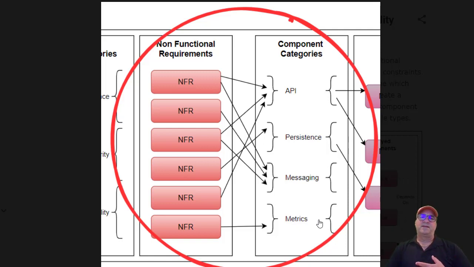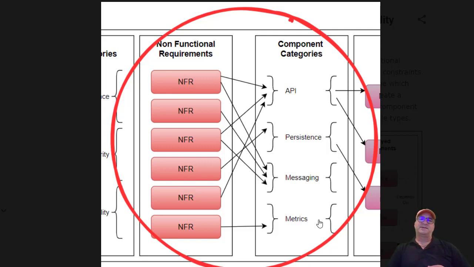Another NFR might be that all schemas must be registered. If we said schemas are database schemas, then that NFR would be a governance NFR from the EA category, but would actually apply to any persistence store. And in my case, where I have worked in the past, it applied to messaging schemas, right?